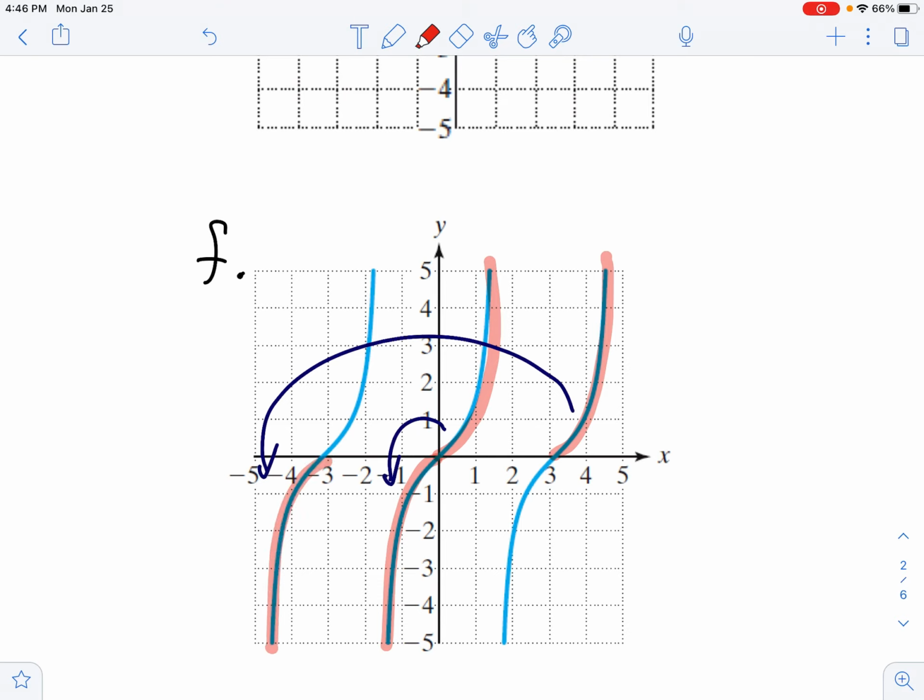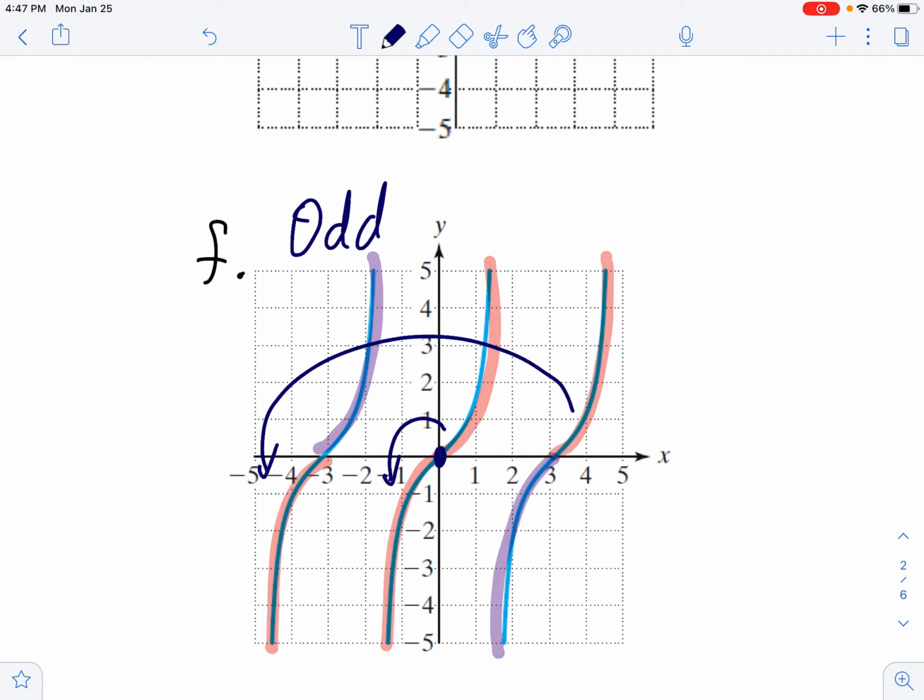What about the other one that I did not mark? This one up there is in the second quadrant. If I rotate this around, it's going to show up in the fourth quadrant just like that. So I think this is an odd function because this is symmetric about the origin.